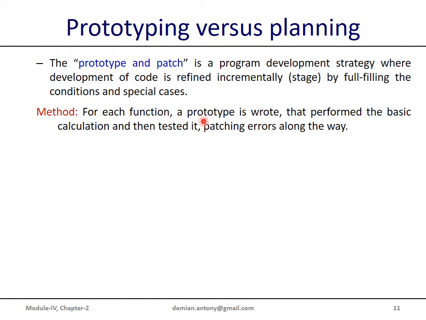We initially write a simple prototype for the function, and then we test it. If any errors are there or any constraints are not satisfied, we refine the prototype through enhancement, and again we test it, until all the errors are patched or all the constraints are incorporated in the function, which represents the solution to the subproblem.